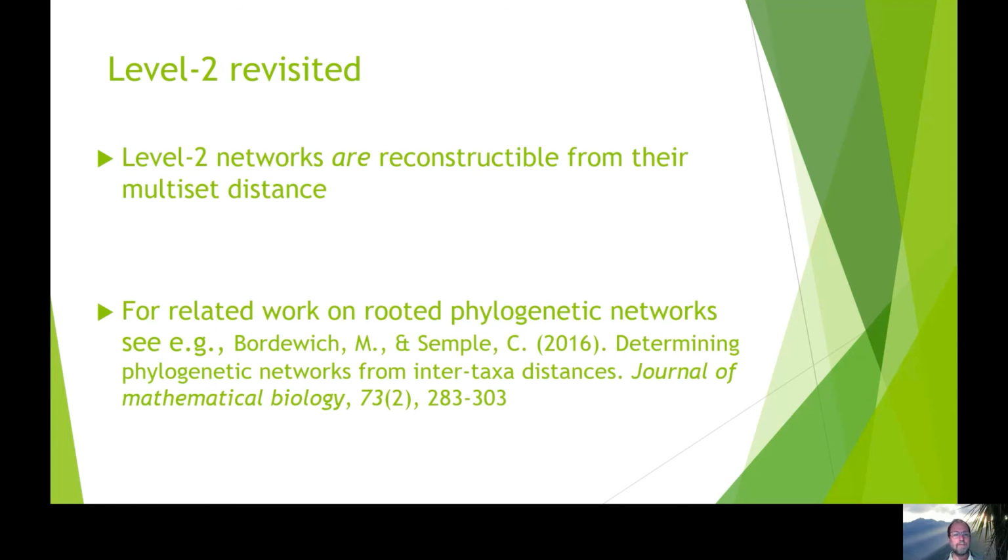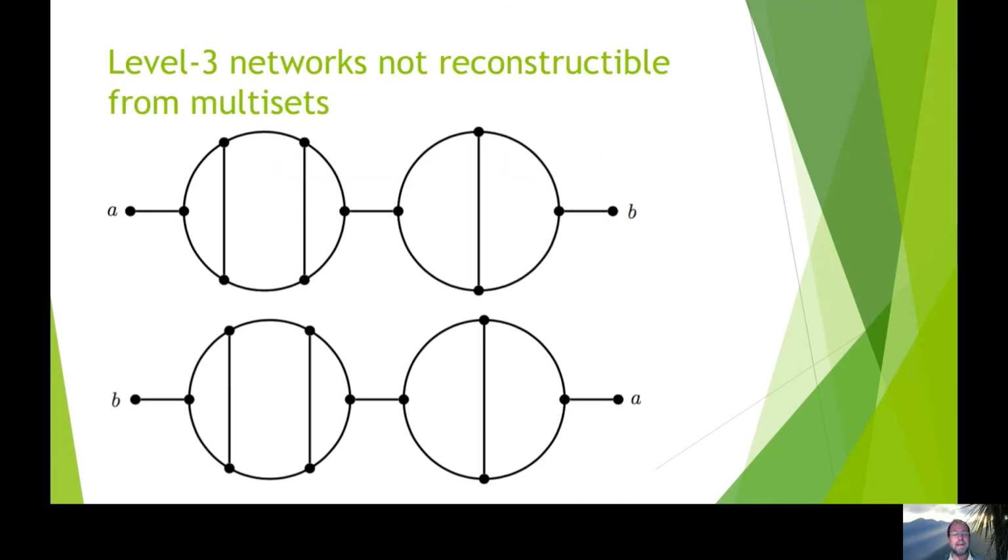So then we thought, okay, what about level 3? I remember sitting in the Netherlands with Yuki, Leo and Remy, and quite quickly we found that even for level 3, even if you know the multi-set of distances, you can get 2 networks that are different.